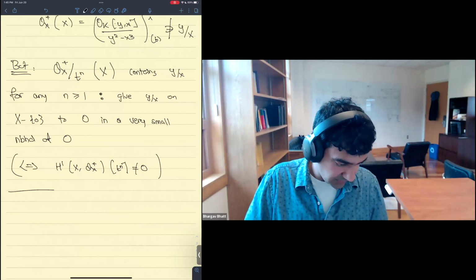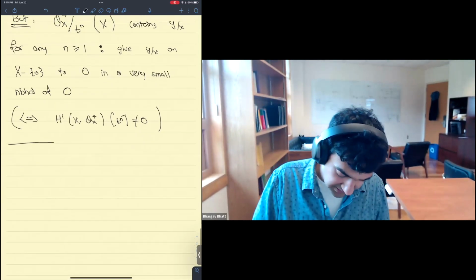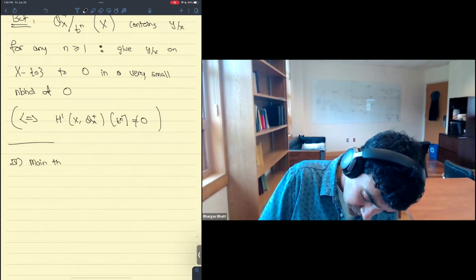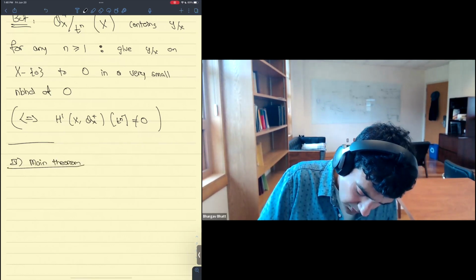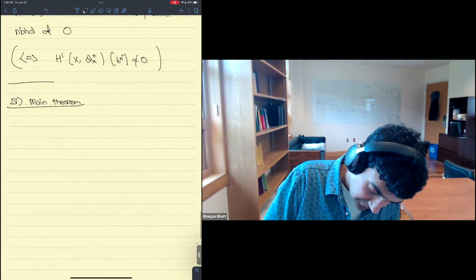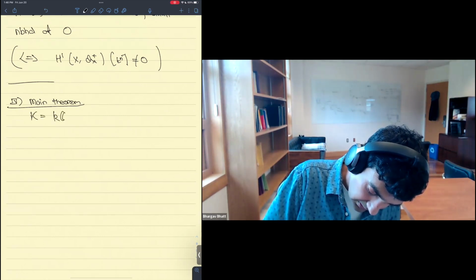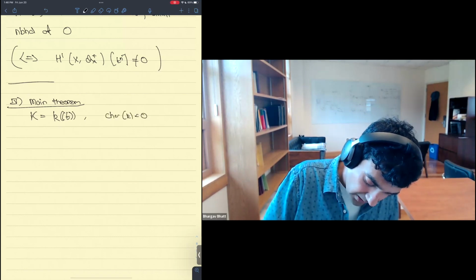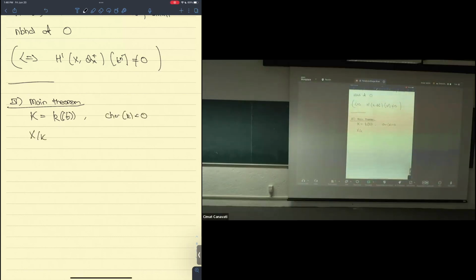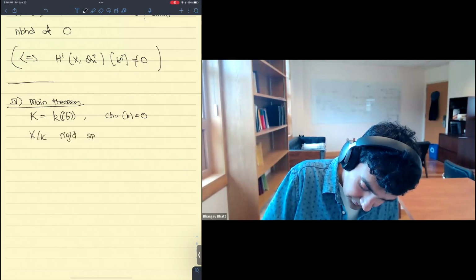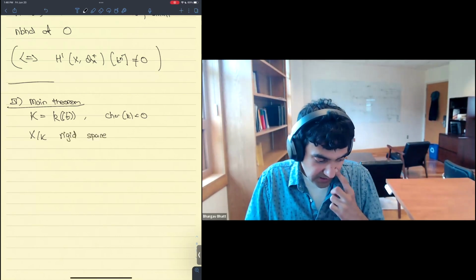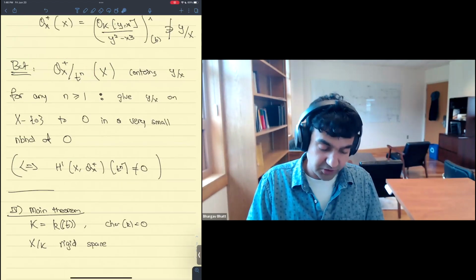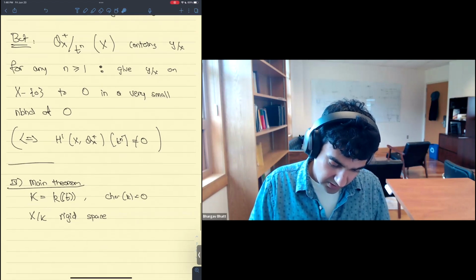I want to turn this example into a theorem, and it works out surprisingly nicely. So main theorem. The setup is the same as before. K is little k, Laurent series in T, the characteristic of little k is 0, and X over K is any rigid space, possibly singular. I want to extract certain mileage out of the fact that these sheaves are larger than we would naively expect them to be.